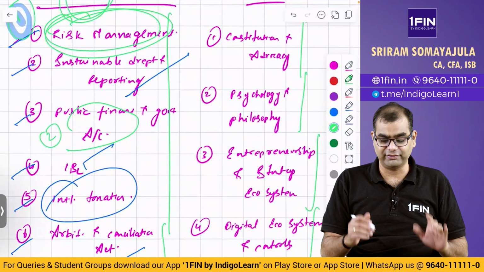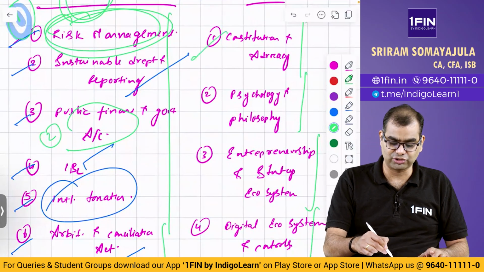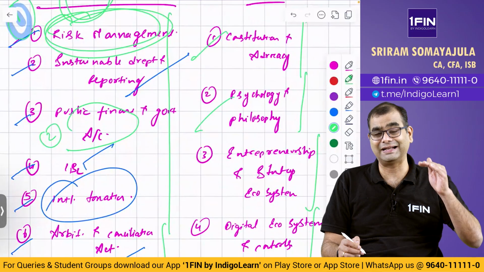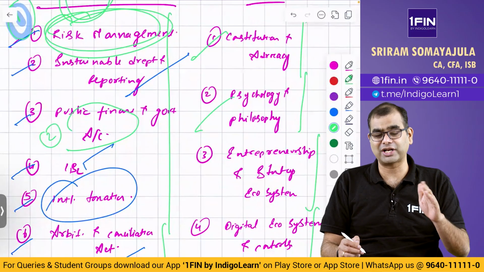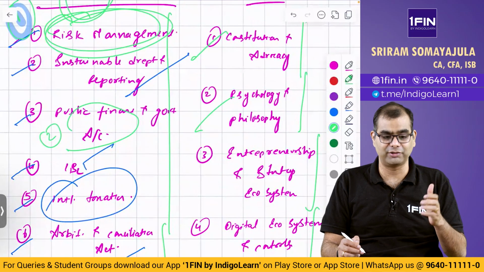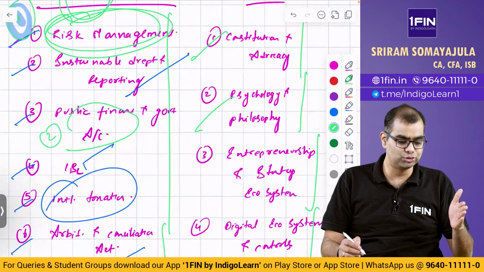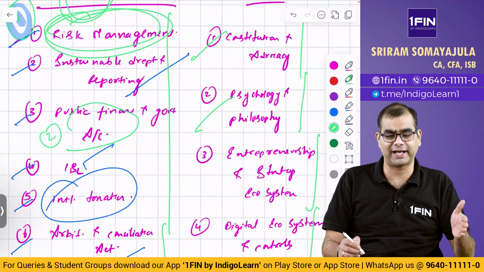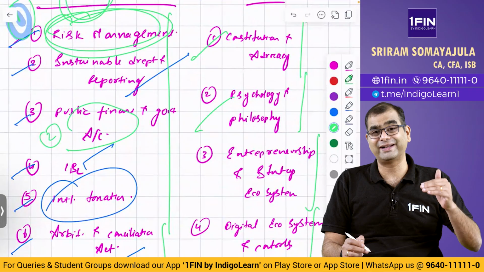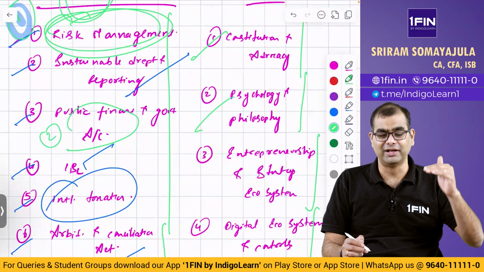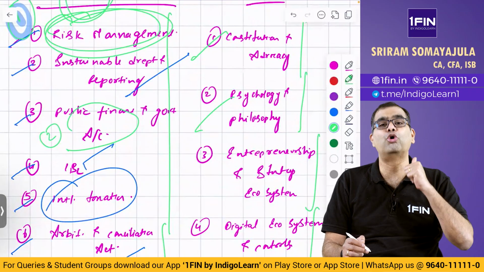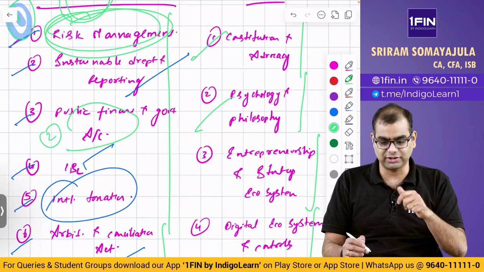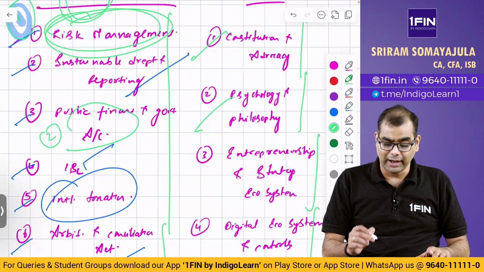When I went through the material, I found constitution as well as psychology and philosophy at a slightly higher level, both from English as well as logical understanding perspective, because in CA we are so used to practical questions and some kind of theory related to law or taxation. These two appear at a different plane, a different level. If you are genuinely interested in this, go for it, because they have wonderful subjects.